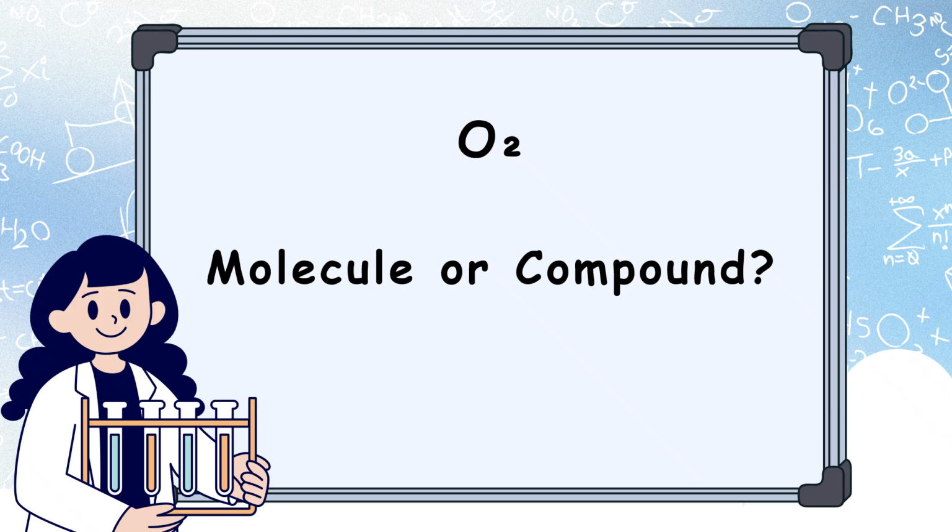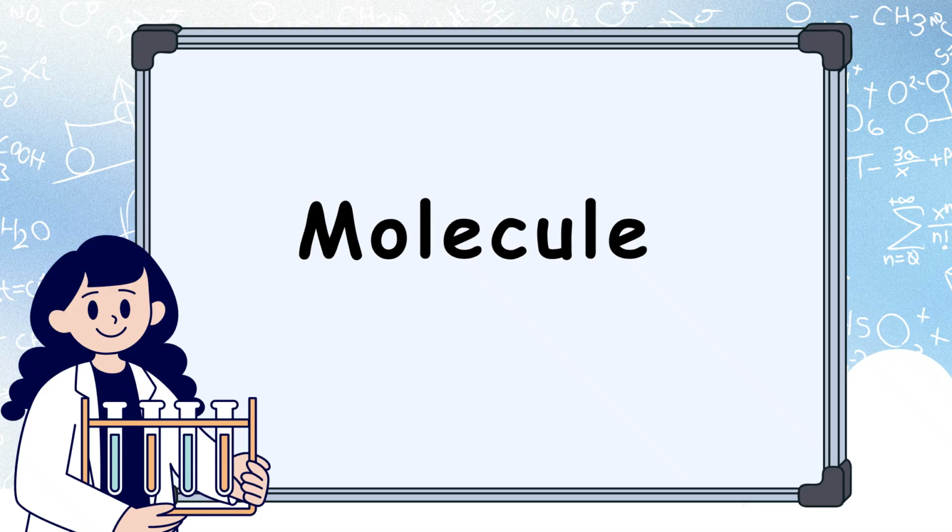Well, we know that compounds are molecules that have more than one different type of element. Oxygen is a molecule with two atoms of oxygen, so it is simply a molecule, it is not a compound. Now try to think of the rest of them on your own.